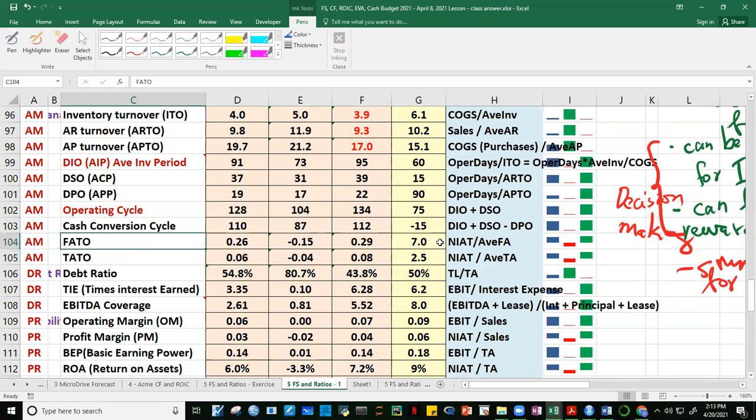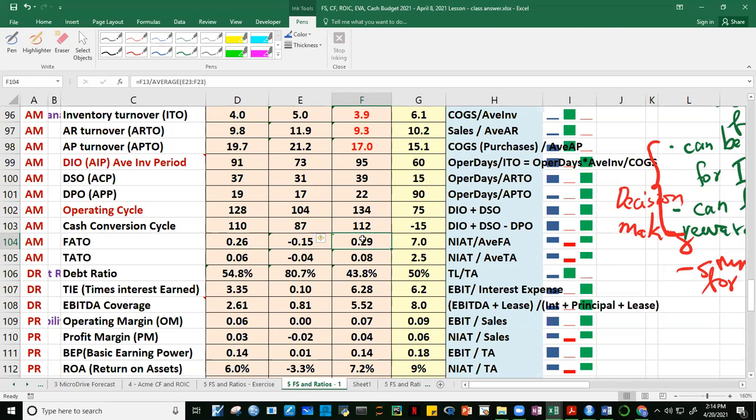FATO is simply, guys, ilan yung profit na na-generate for every 1 peso of fixed asset. Okay, so kung titingnan natin dito, guys, FATO and TATO is total net income after tax over average total asset. So ibig sabihin dito, in 2021, the company was able to earn 30 centavos for every 1 peso invested in fixed assets.